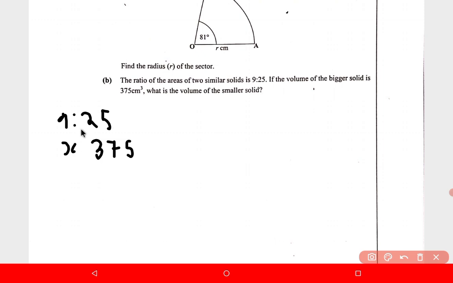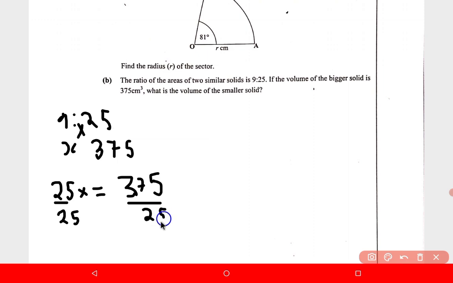You put x here and you cross multiply. So you are going to get 25x is equal to 375 over 25. Here, mind you, no calculators allowed.